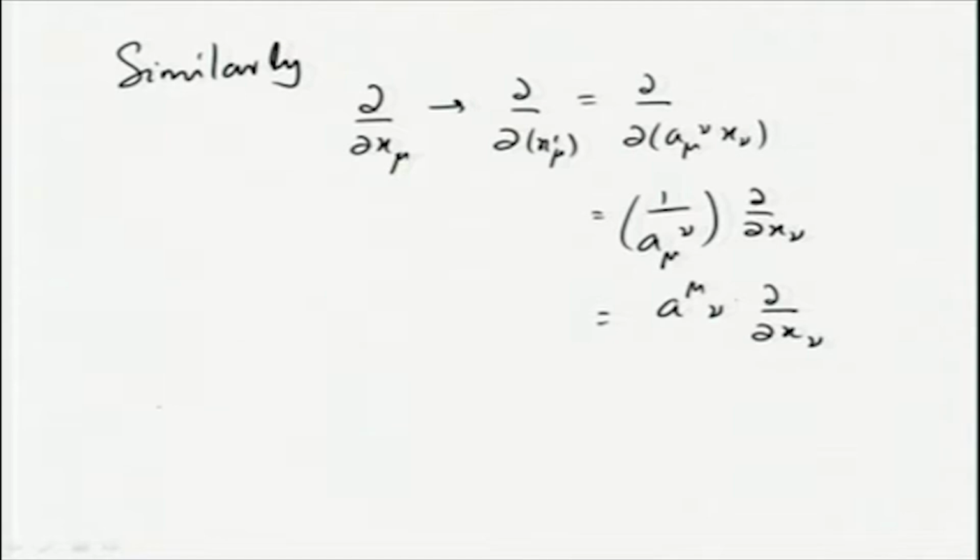This is how a contravariant vector transforms. So, ∂/∂x_μ is a contravariant vector.